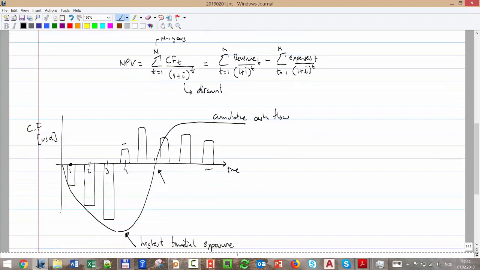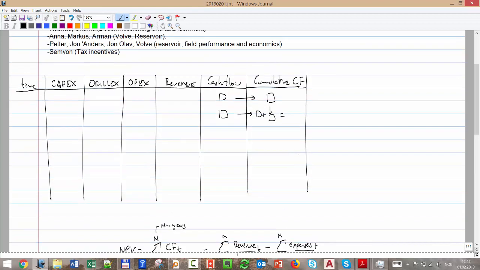And this is the break-even time. So it's exactly how long does it take to recover your investment.